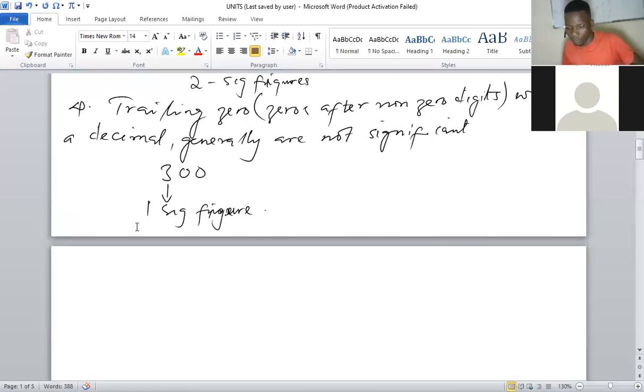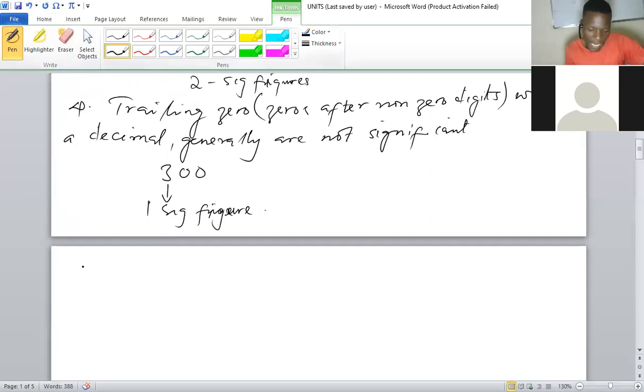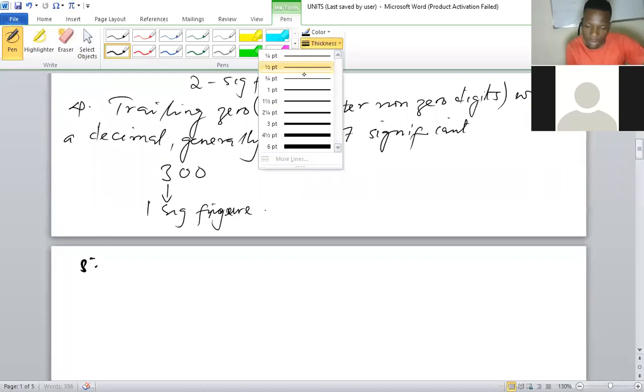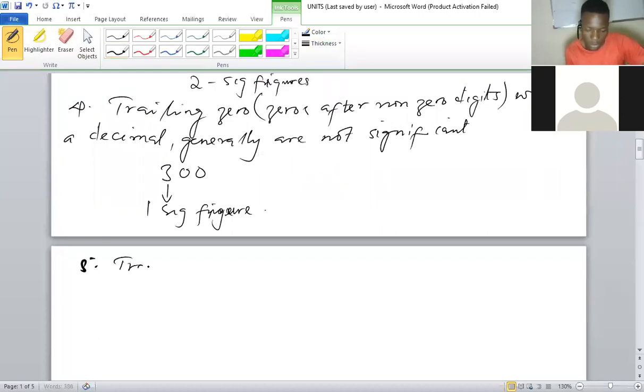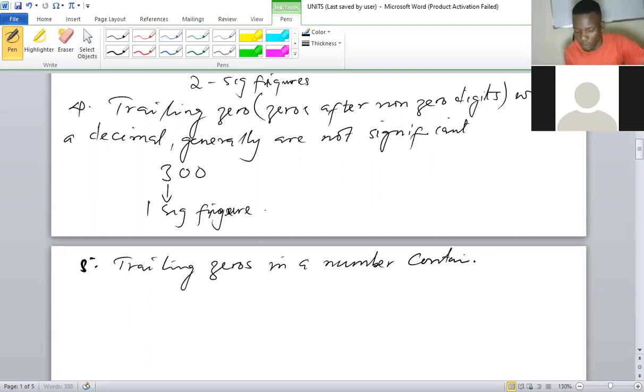Okay. So we go to number 5. Number 5, we're saying trailing zeros in a number containing a decimal point are significant.